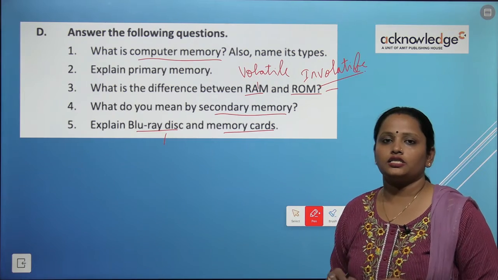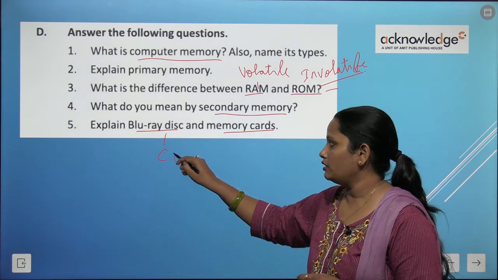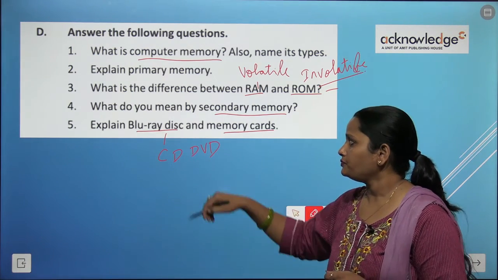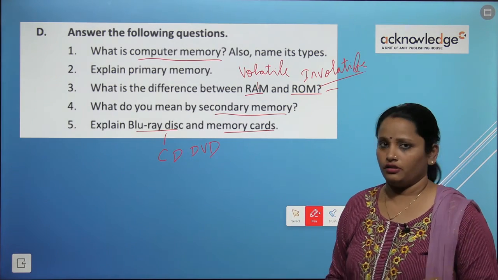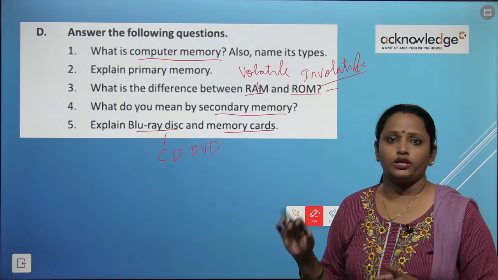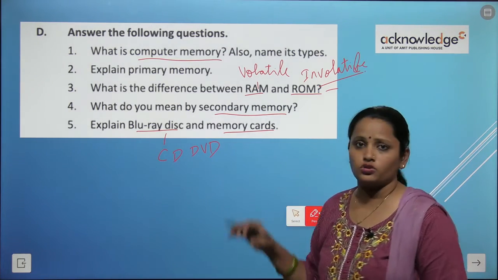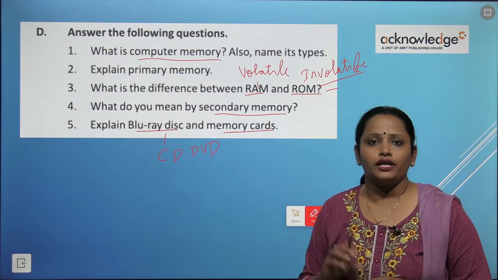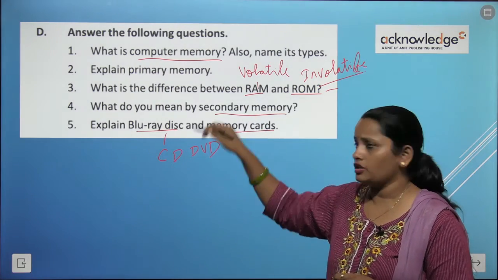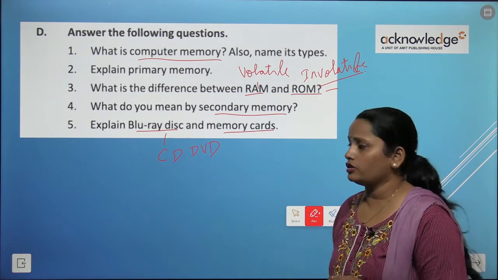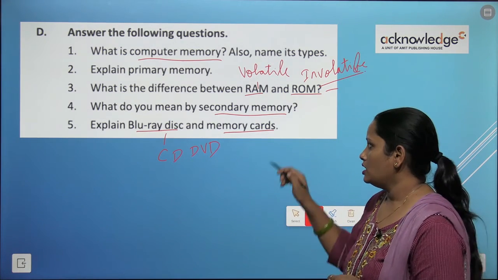Blu-ray disc looks like a CD or DVD and it uses a blue violet light through which you can store the information, and for reading the Blu-ray disc we need a Blu-ray disc reader.